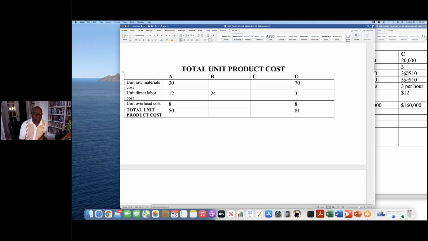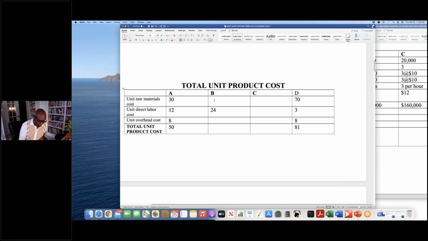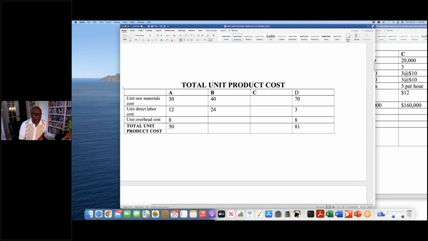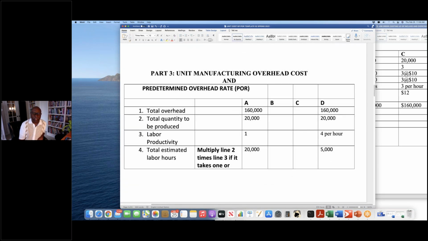I meant the raw materials. We didn't put it up there. 40. Yes. Now we've got to go in here and work with manufacturing overhead. What's your total overhead? 160,000. I was just trying to demonstrate how the labor works with this, but you won't necessarily have all the overheads the same on Tuesday.